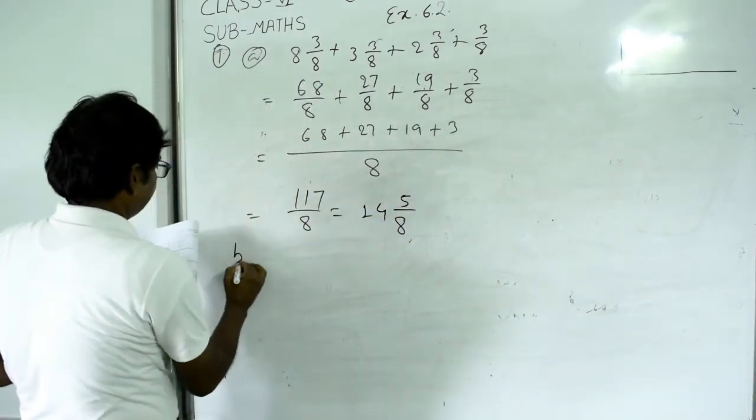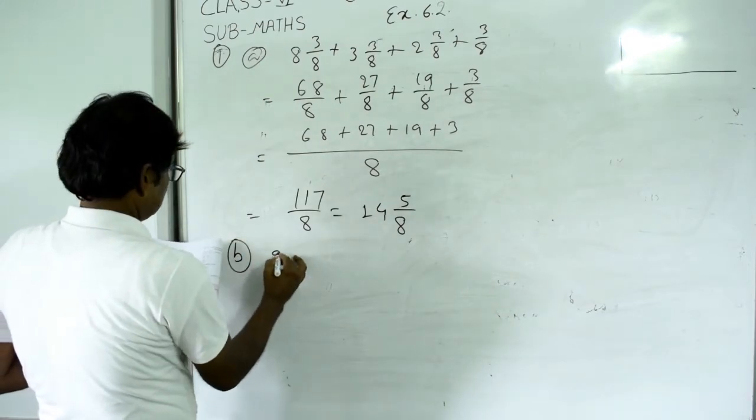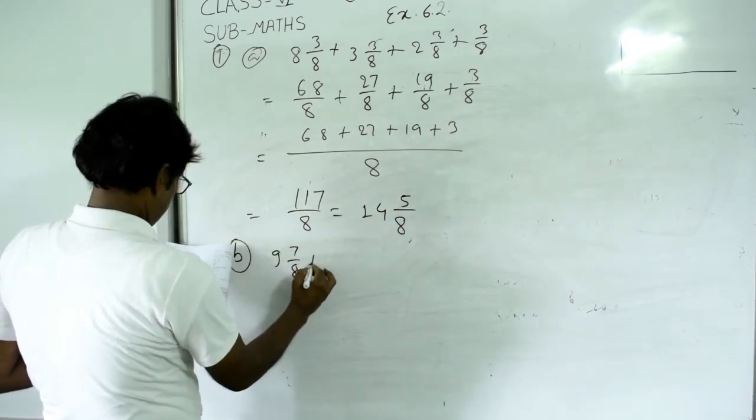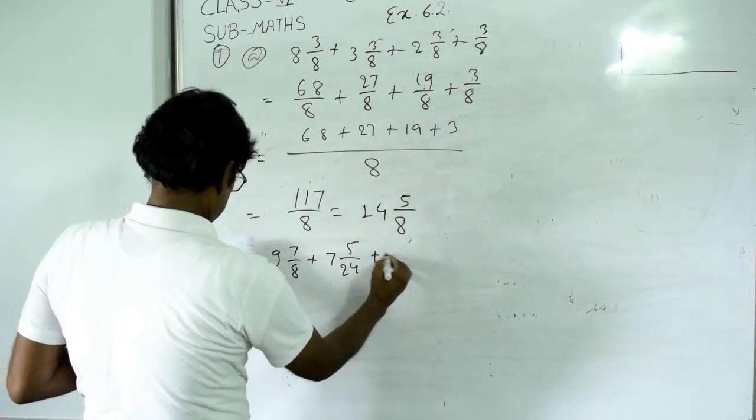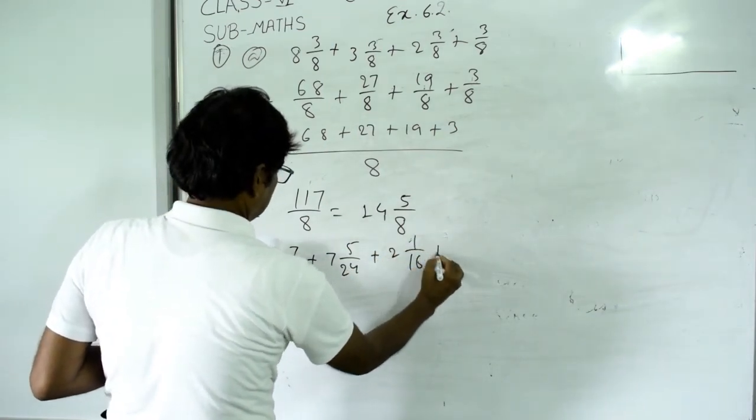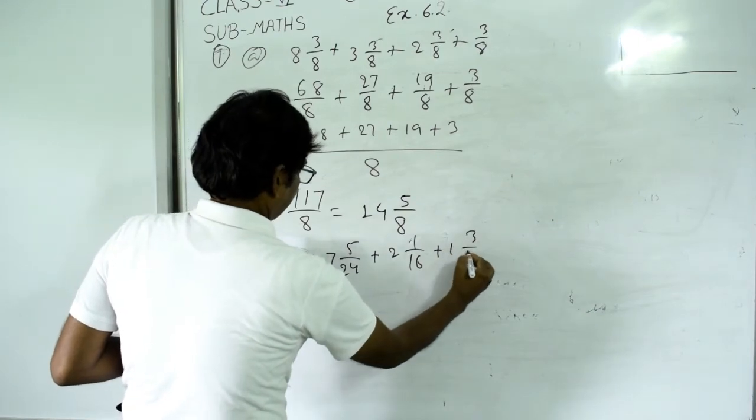Question number B. Here it is 9 and 7 by 8 plus 7 and 5 by 24 plus 2 and 1 by 16 plus 1 and 3 by 4.